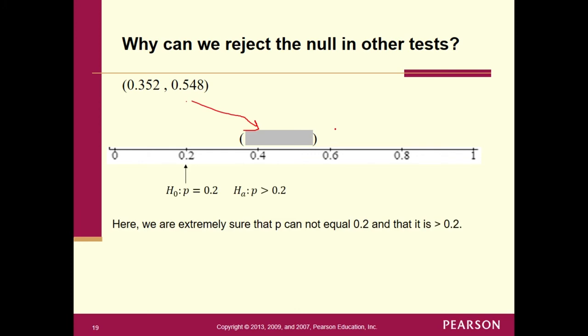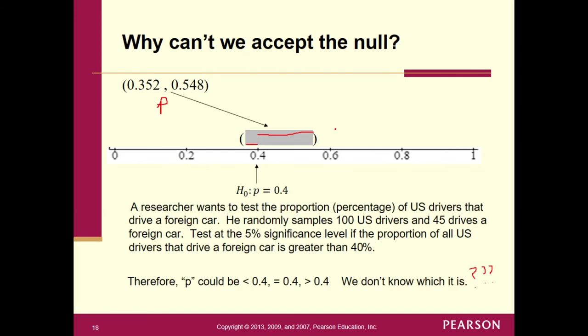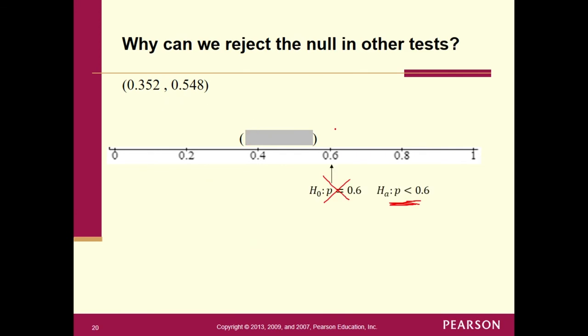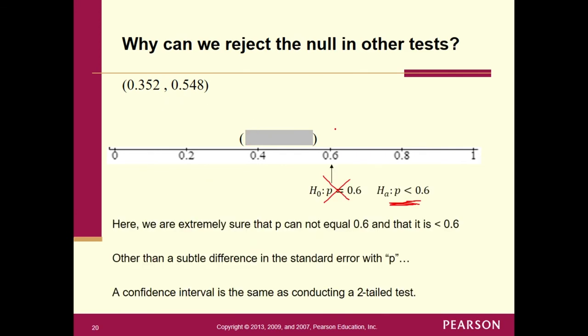This one we would have rejected the null. P is equal to 0.2. This one we would have said, oh, we do not reject the null because it is a possibility. Okay. And so that's what I mean is that you basically know what's going to happen with your hypothesis test then. All right. So a confidence interval is the same as conducting a two-tailed test.